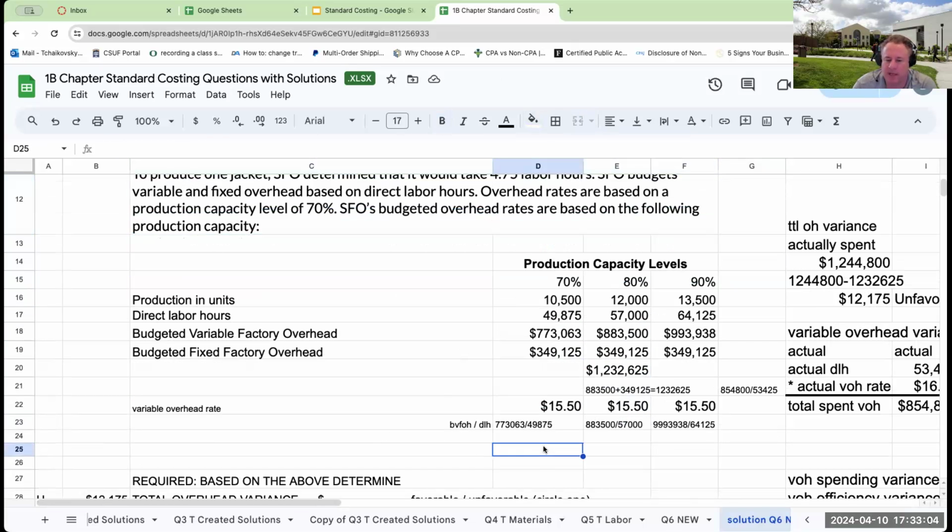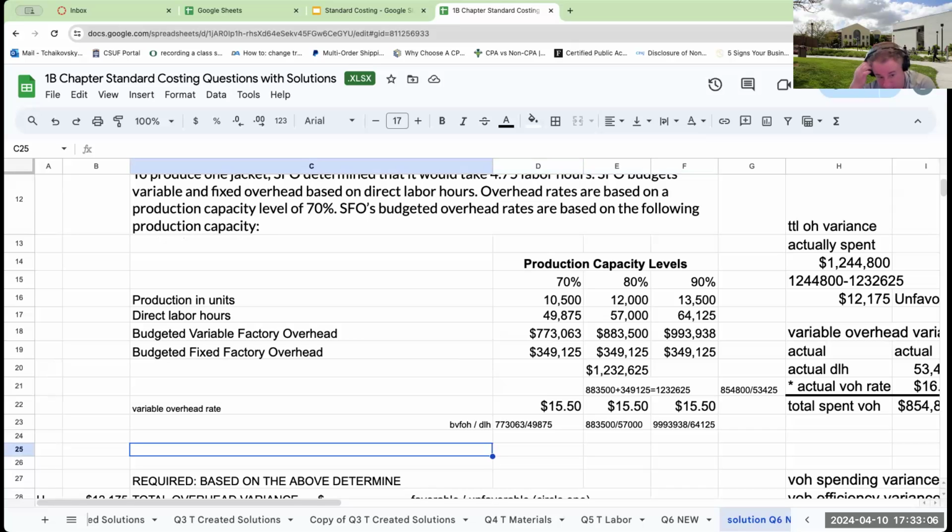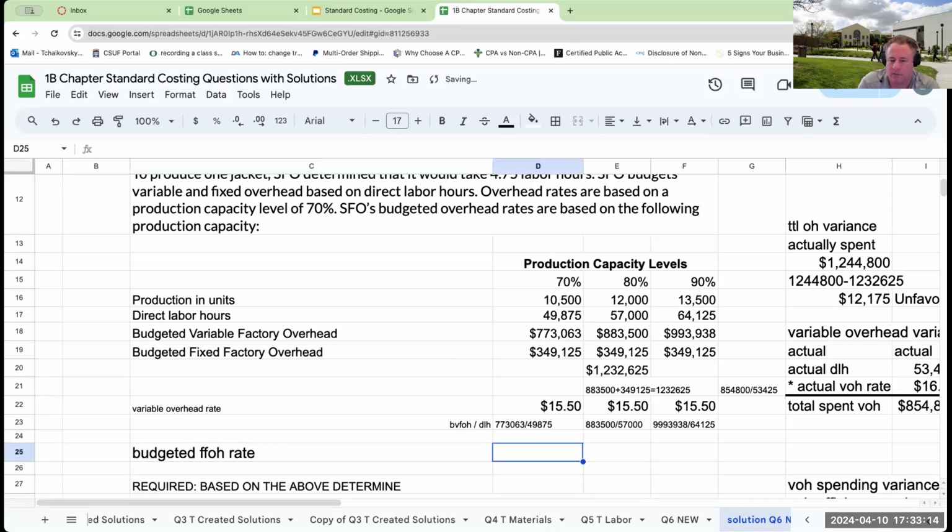What does that mean? It basically means that the budgeted fixed factory overhead rate is going to be based on the total direct labor hours, because remember, this is being based on direct labor hours, right?